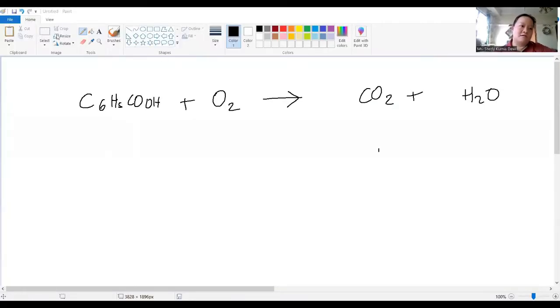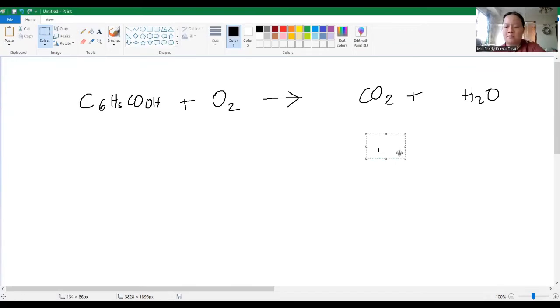Okay. The next example is for an organic compound. Actually, this one, C6H5COOH, is benzoic acid, but you don't need to write the word equation. Any organic compound that you combust, which means you react with oxygen, will create carbon dioxide and water.